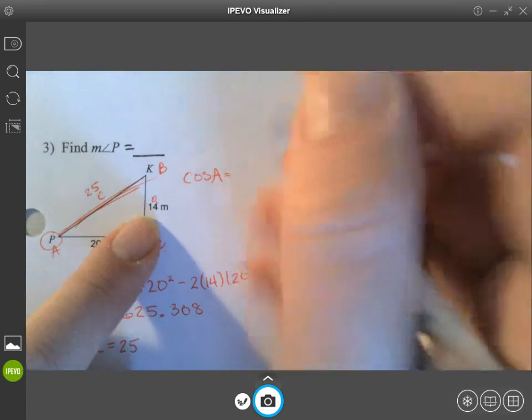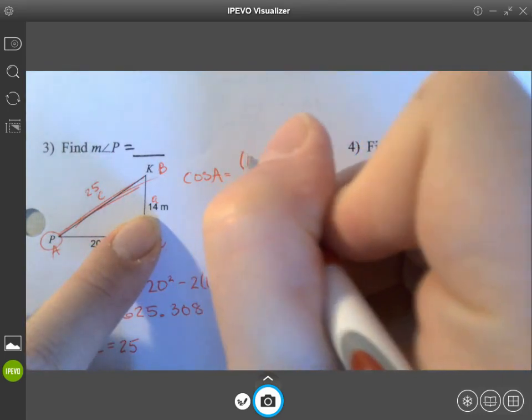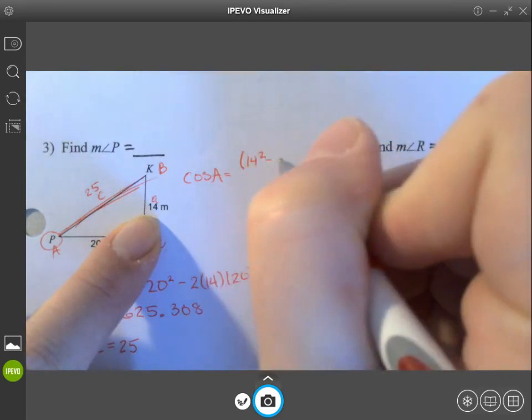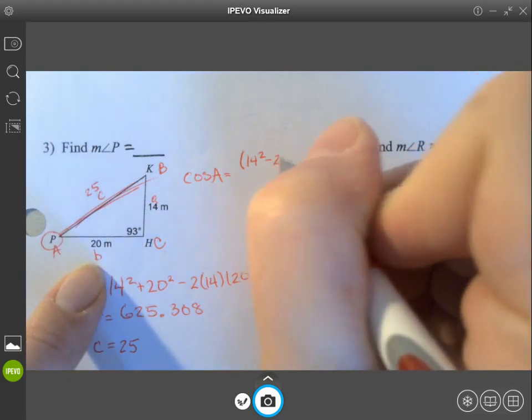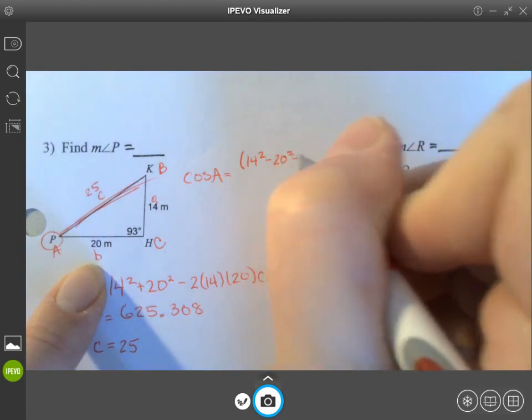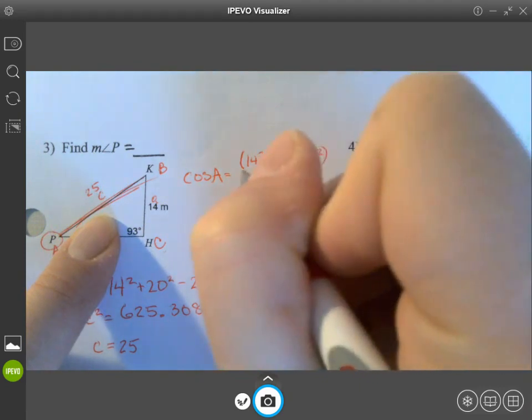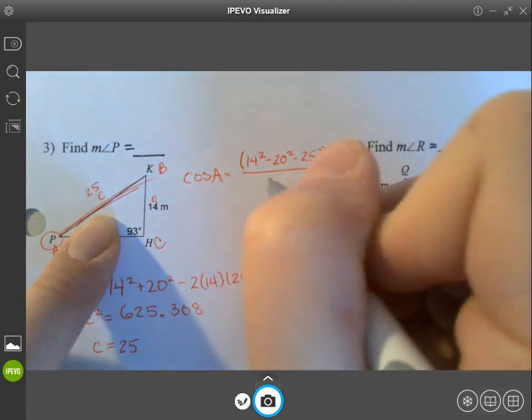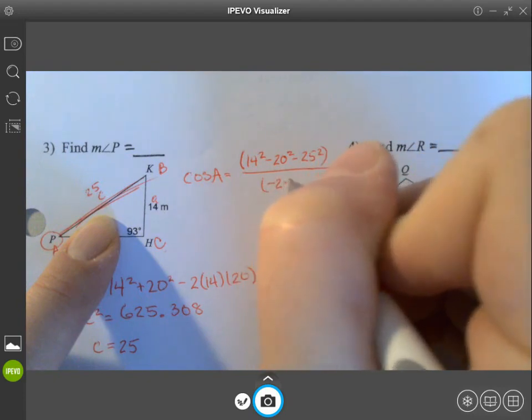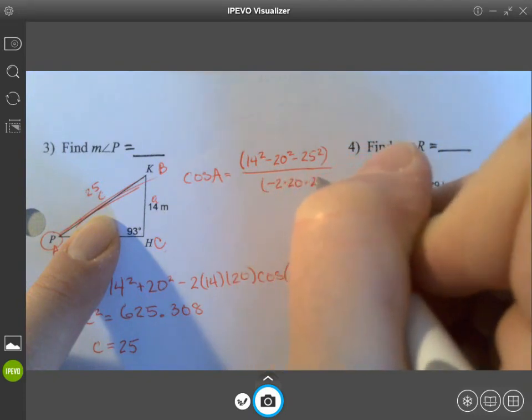Cosine of A, we're going to do, in parentheses, 14 squared minus 20 squared minus 25 squared. So I'm just filling in my formula all over -2 times 20 times 25.